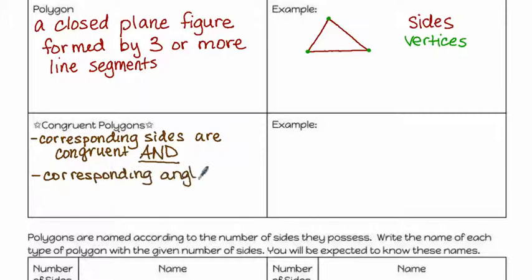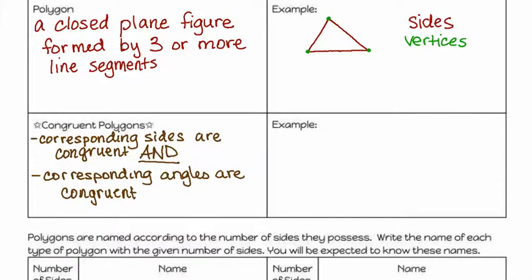All that means is that the sides in one shape are going to be congruent, or the same length, as the sides in another shape. And the angles in one shape are the same as the angles in the second shape.